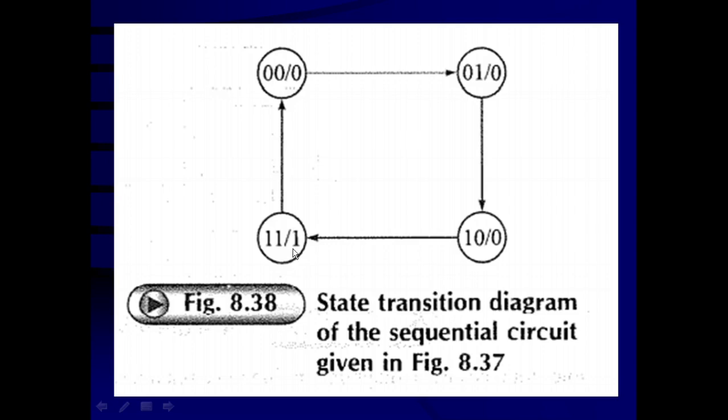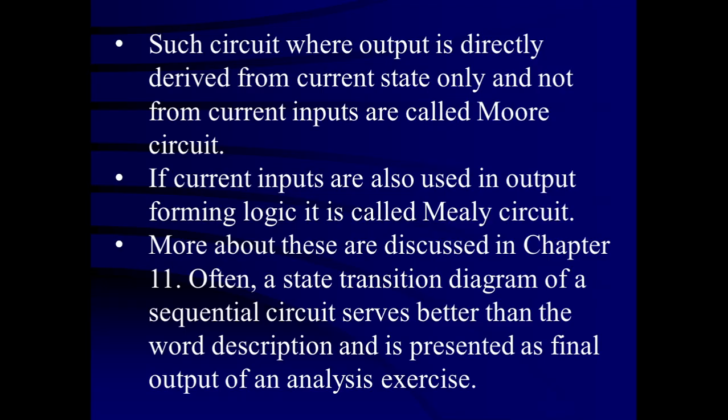This output is signaled for one clock cycle, and when the next clock pulse comes, it returns to the initial state and the cycle repeats. That means this is working as a counter, counting 4 clock pulses, and on every fourth clock pulse the output X goes high and remains high for one clock cycle.